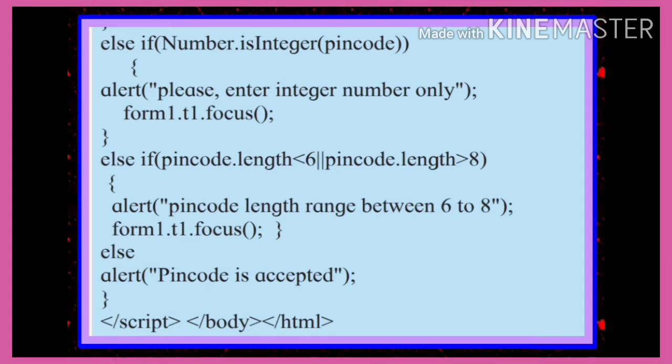If it occurs, write the alert message, alert pin code length range between 6 to 8, form1.t1.focus. Else, alert pin code is accepted. Close script, close body and close HTML. Save the program and run on the browser.